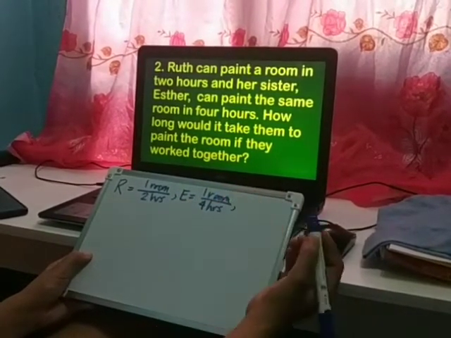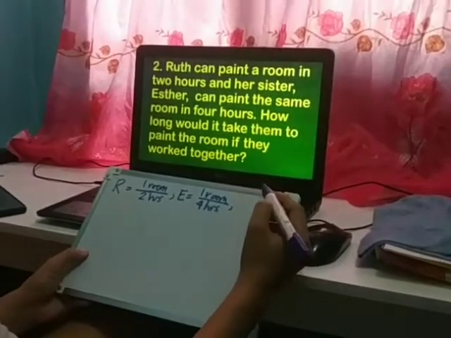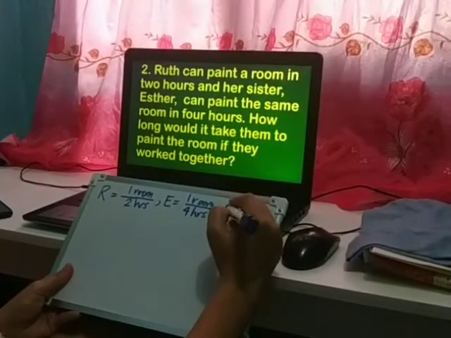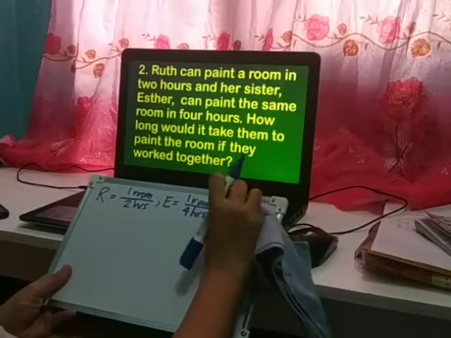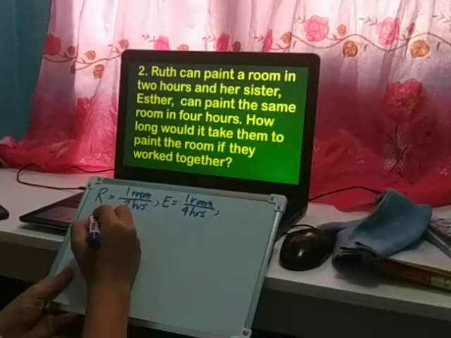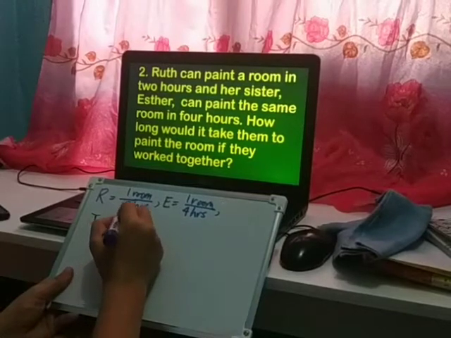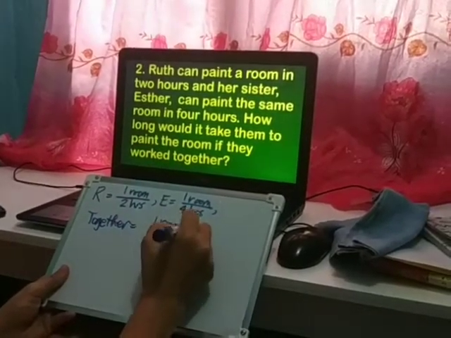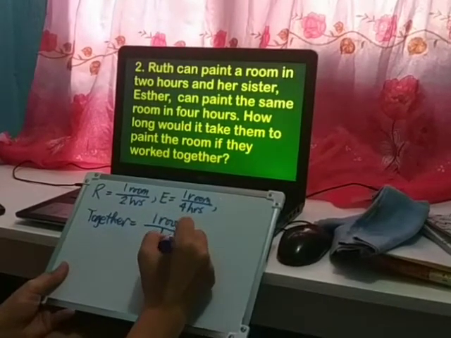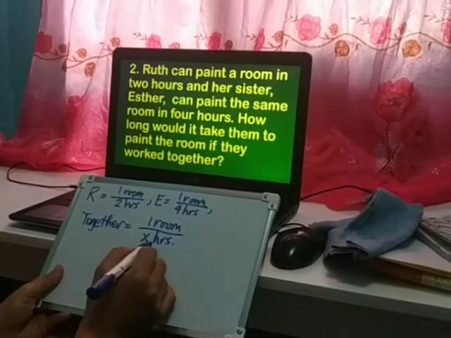But if they both help one another, let's say together, they can finish 1 room in x hours. This we do not know, and this we are going to solve.